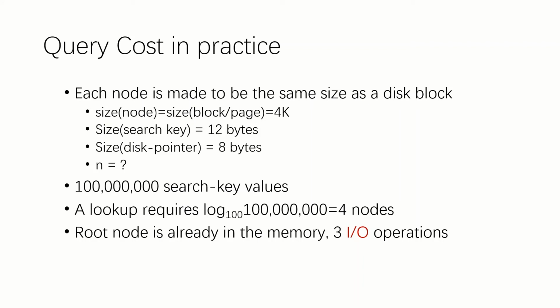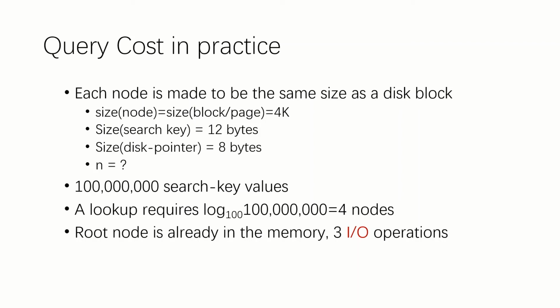But they put in the number 100 there, so I believe there must be a reason. Upon thinking this through, I felt that for B plus trees in databases, the average case is that only 100 keys are filled up in every node.